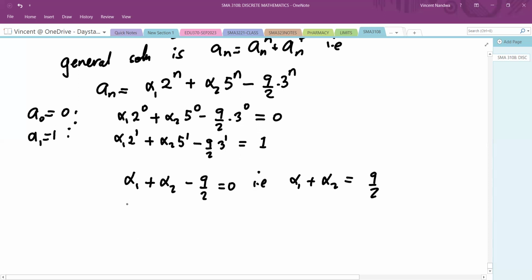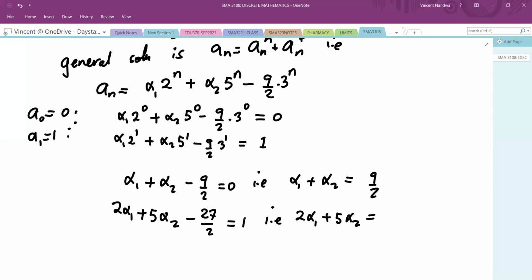Then the second one, we'll have 2 alpha 1 plus 5 alpha 2 minus 27 over 2 equals 1, i.e. 2 alpha 1 plus 5 alpha 2 equals 1 plus 27 over 2, which will be 29 over 2.